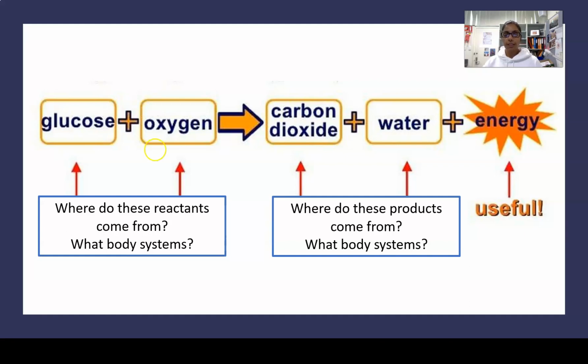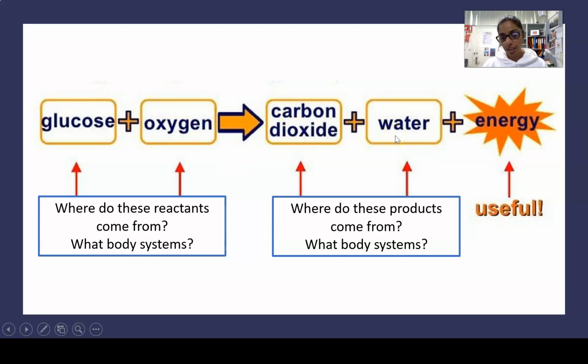On the other side, carbon dioxide and water are the waste products of cellular respiration. These are excreted or gotten rid of from the body in a few ways. So carbon dioxide is a gas, so that is exhaled or breathed out, again through the respiratory system. So our two gases are taken in and taken out through the respiratory system in the lungs.